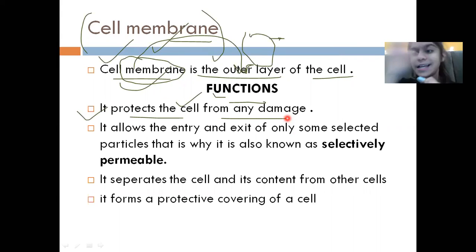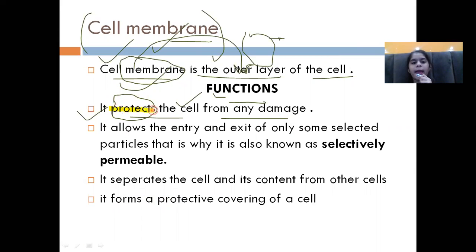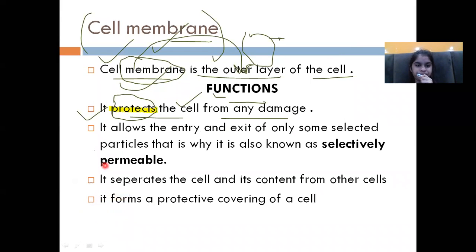Obviously, if it is the outer layer, it's the covering of the cell, it will obviously protect the cell from any harm or damage. Clear? Now, it allows the entry and exit of only some selected particles. That is why it is also known as selectively permeable.